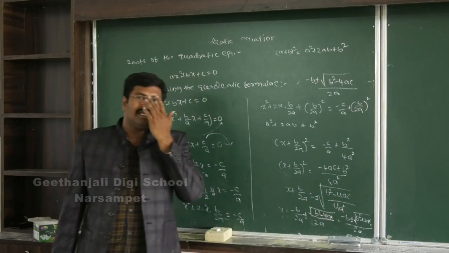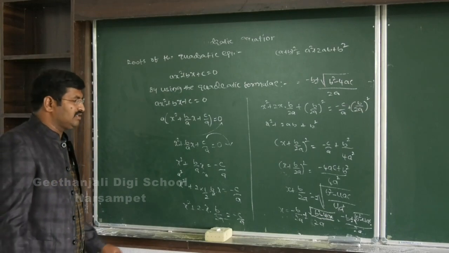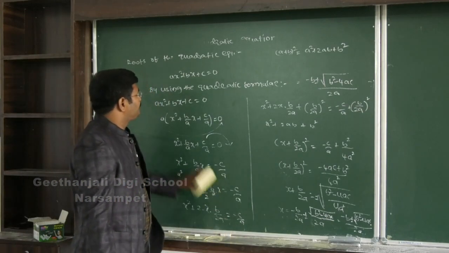The quadratic formula gives x equal to minus b plus or minus under root of b square minus 4ac by 2a.